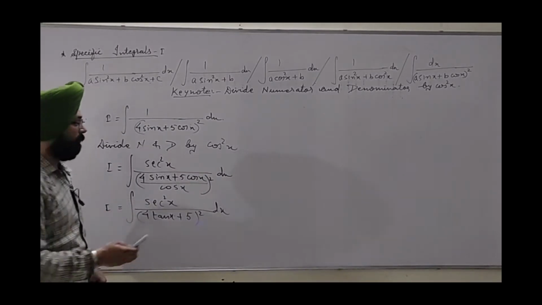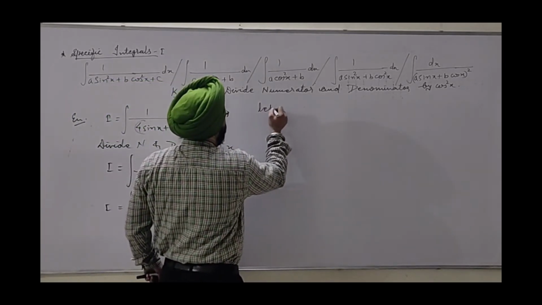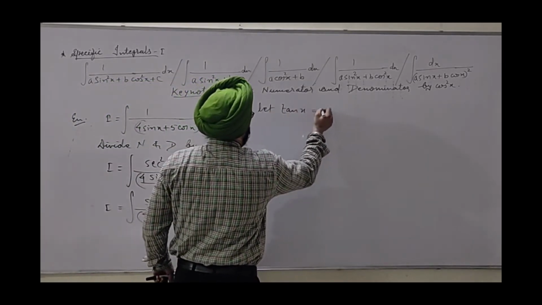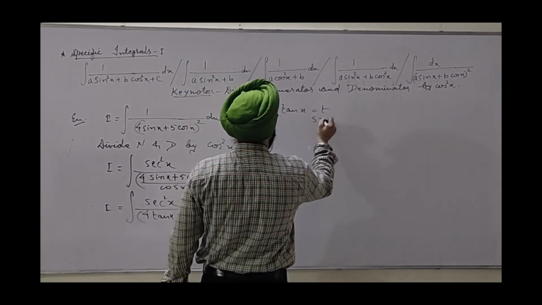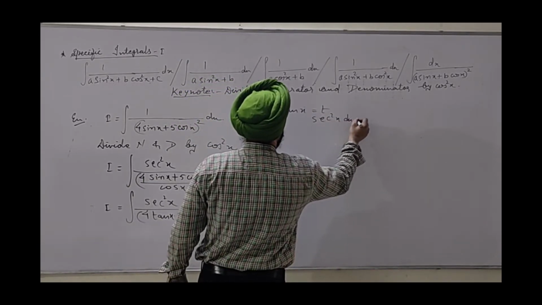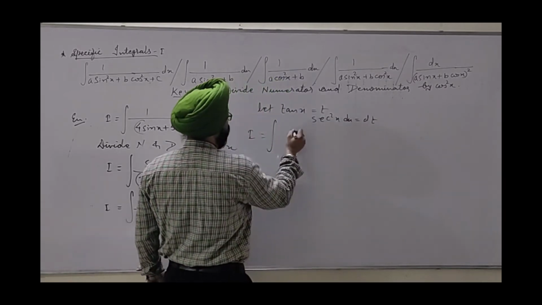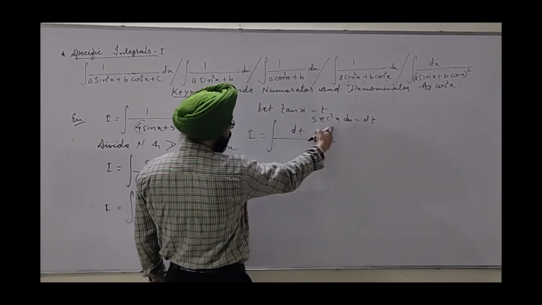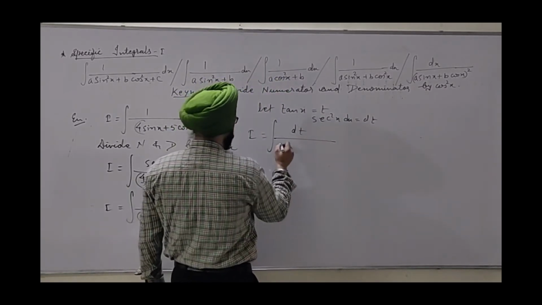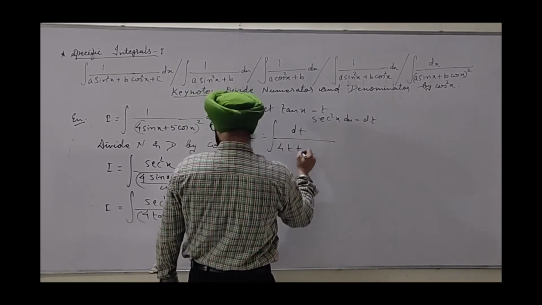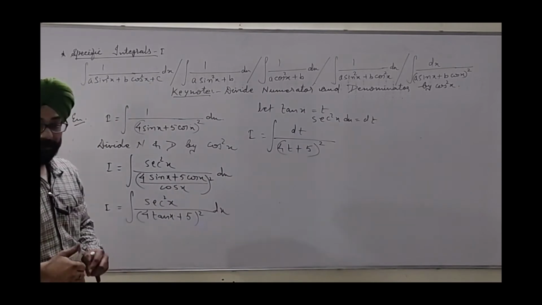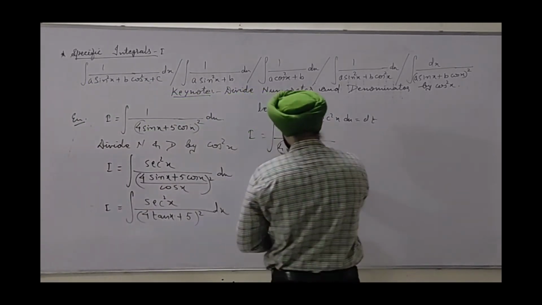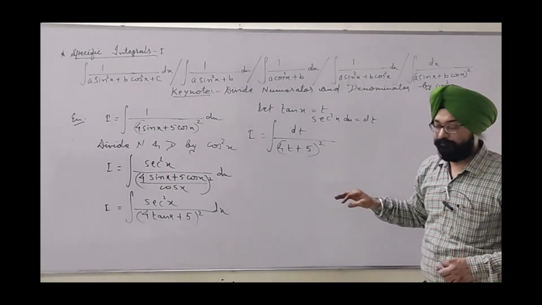So we can again substitute tan x by t. We get I as sec square x dx equals dt, so dt we will write here after differentiating this equation. It is 4t plus 5 whole square. Now further, if I want to solve this integral, how can we do it?